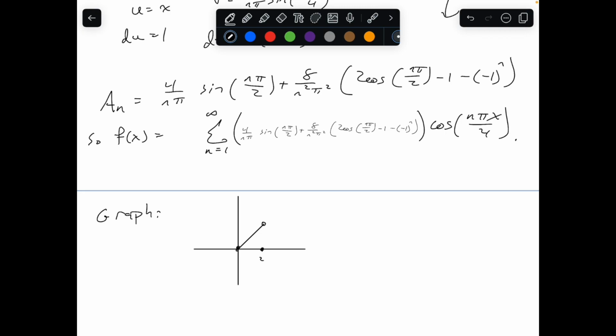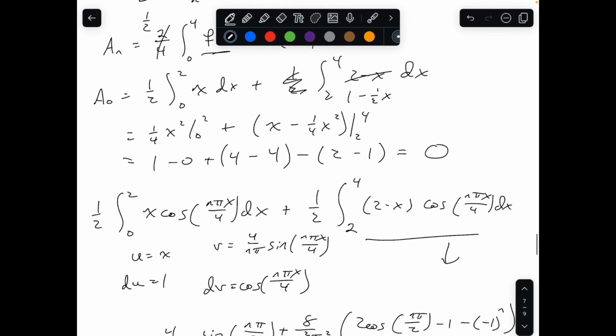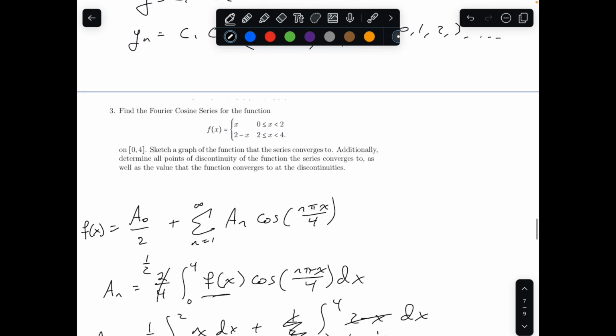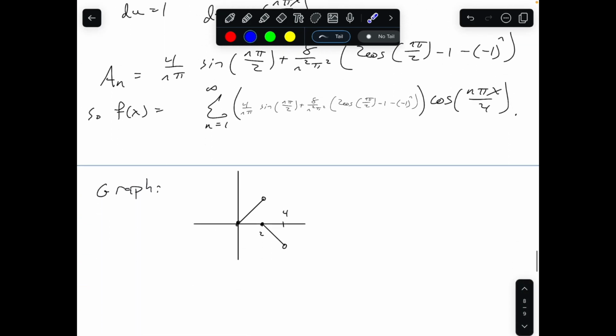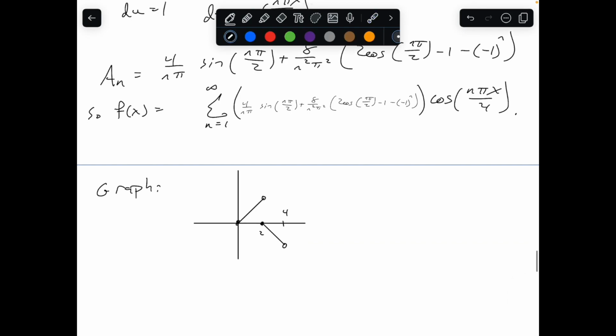And then it looks like this from 2 to 4, closed hole and then open hole. That's just the graph of y equals 2 minus x. You plug in x equals 2, starts at y equals 0, and then plug in x equals 4, ends up at y equals negative 2. So your y value up here is 2, y value down here is negative 2.